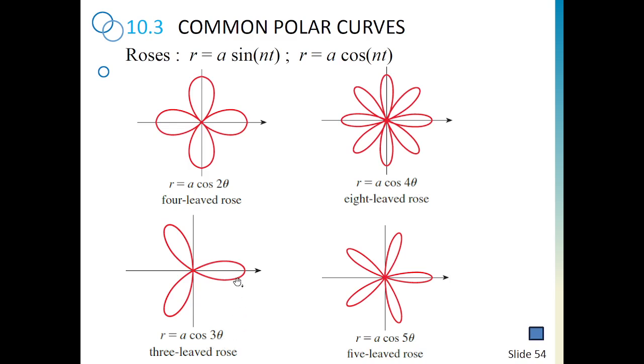Cosine 3 theta is 3 leaves. Cosine 5 theta is 5 leaves. So you see, for even, we have double the number of leaves. 2 theta, 4 leaves. 4 theta, 8 leaves. But for odd, it's the same number of leaves.